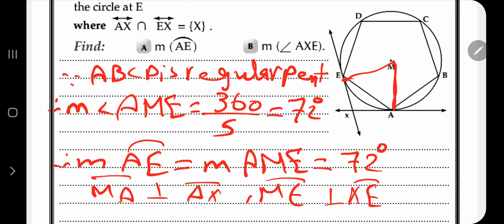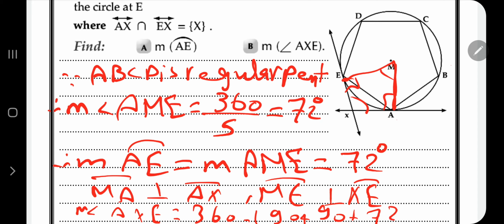Since AMEX is a quadrilateral, the sum of the measure of its angles equals 360, so the measure of angle AXE equals 360 minus this value 90 and this value 90, and this angle is equal to 72. The result will be 108.